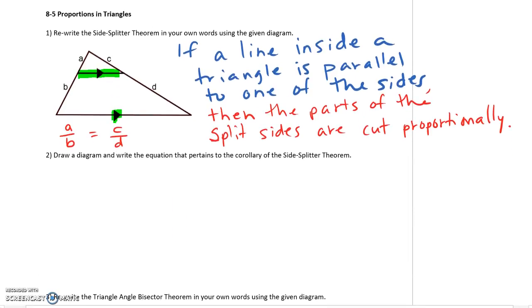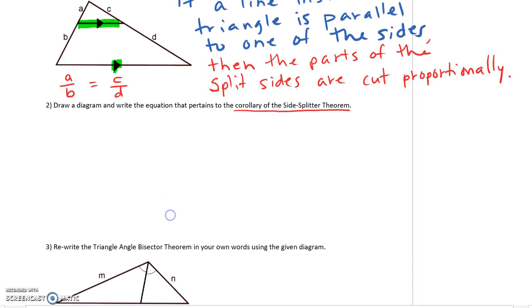So there's something else that's called the corollary to the side splitters theorem. It's the same idea, except it doesn't matter if the two sides connect. If I have any two sides, right, those would eventually make a triangle if I connected them all together. And I draw two parallel lines.